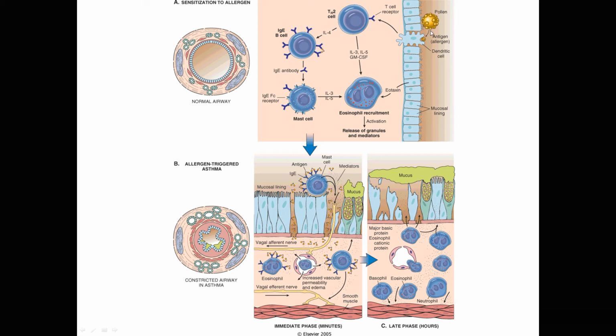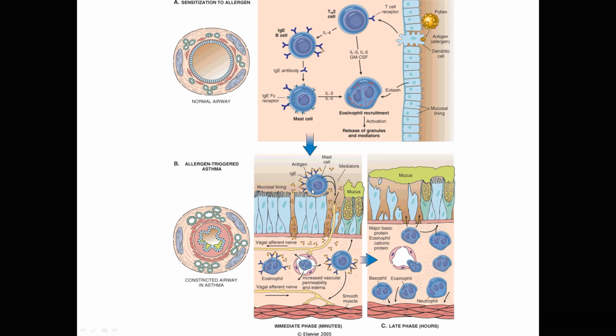The second presentation will allow the antigen to bind to the antibodies on the surface of the mast cell. As we already know, the binding and the formation of the immune complex on the surface of the mast cell membrane will activate the mast cell and cause the release by degranulation of mediators, and also a little bit later production of newly synthesized mediators such as prostaglandins, leukotrienes and platelet activating factor, and they also will be released.